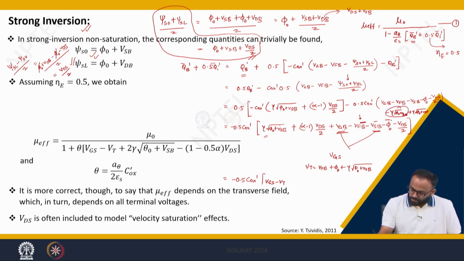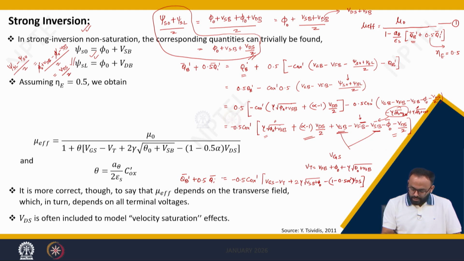So this term is captured by this term making VT, and this term plus this term will give you 2 times gamma into VSB plus phi naught. Now if you solve these two terms, you will get minus 1 minus 0.5 alpha into VDS. Now this is the value of QB average plus 0.5 QI average.